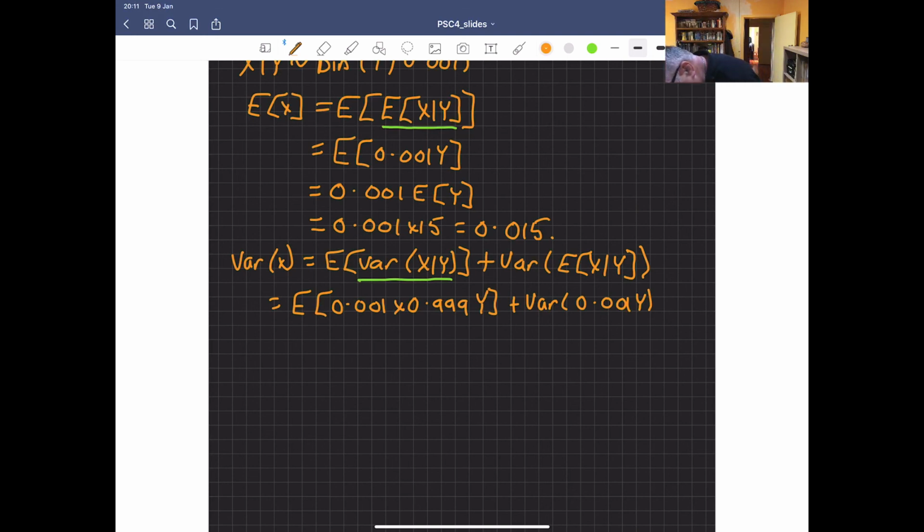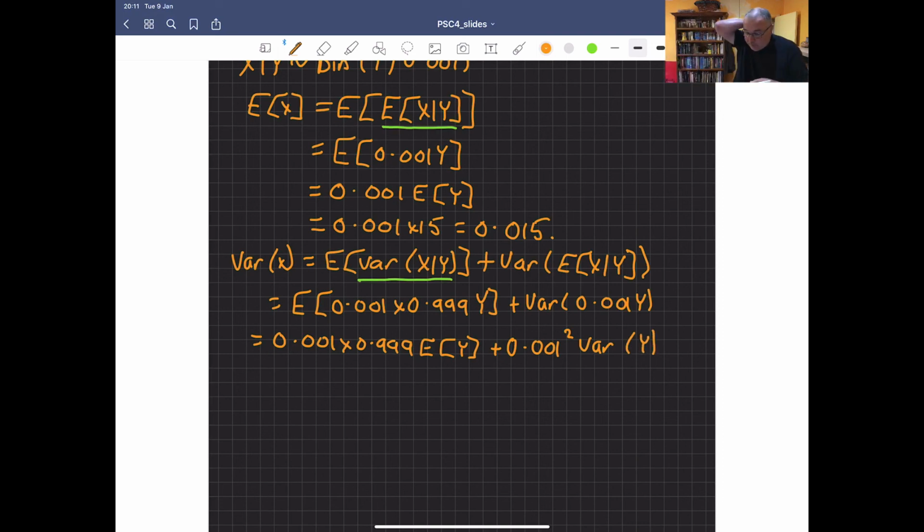Remember, these expectations and variances are all about y now. So we can bring out our constants. We've got our 0.001 times 0.999. We want the expected value of y. Plus, with the variance, that constant you can bring out the front and square it. So that's 0.001 squared, times the variance of y. And the expected value of y, well, y is a Poisson random variable, so its expected value is 15.